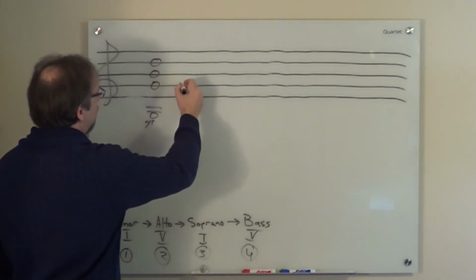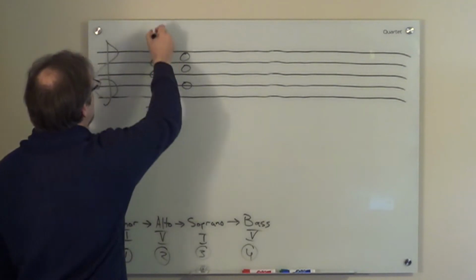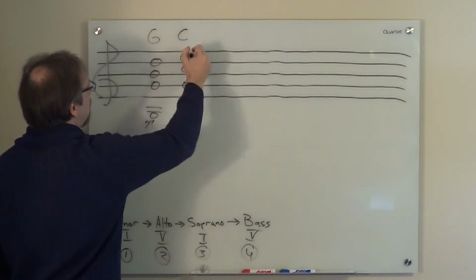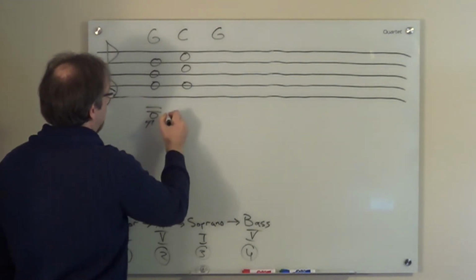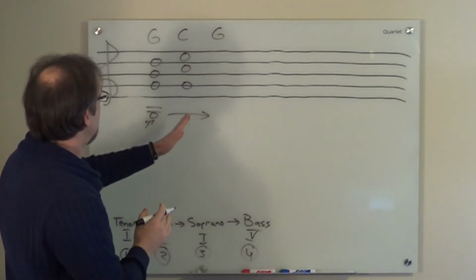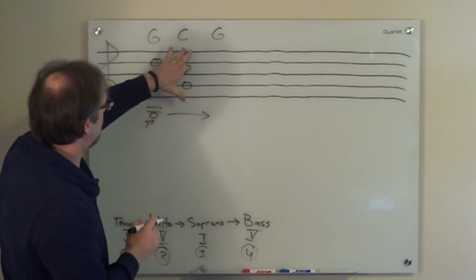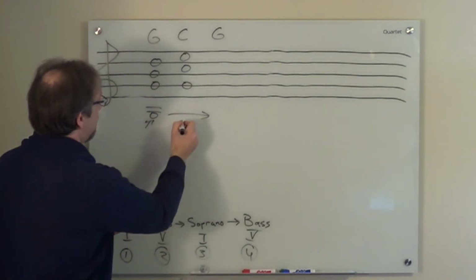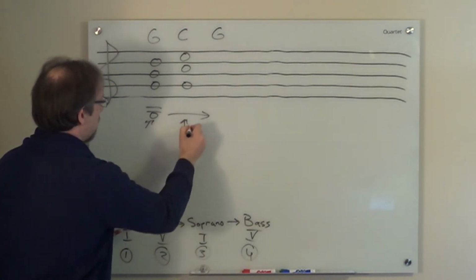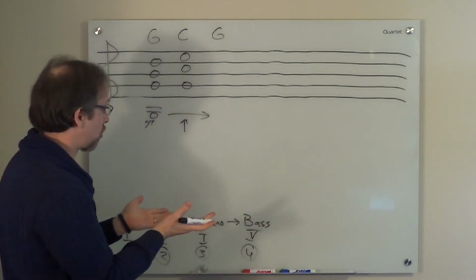And then if we go, oh look, this is a G major triad, here's a C major triad, and then we're going to go back to a G major triad, and this G extends the whole time. This G means that this is in root position, this will be in second inversion, going back to root position. At this point right here, this is not a non-chord tone, it's still part of the C major triad.